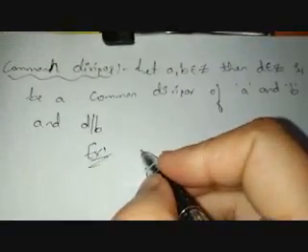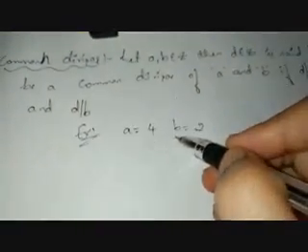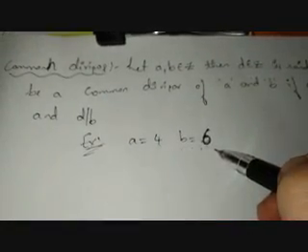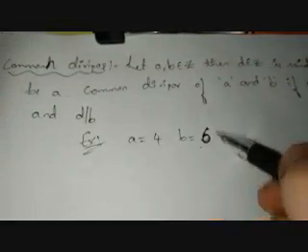For example, you take any A and B, any integers. I'll take A equal to 4 and B equal to 6. You can see both A and B belong to the integers.